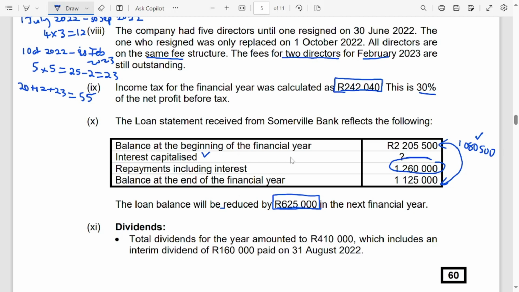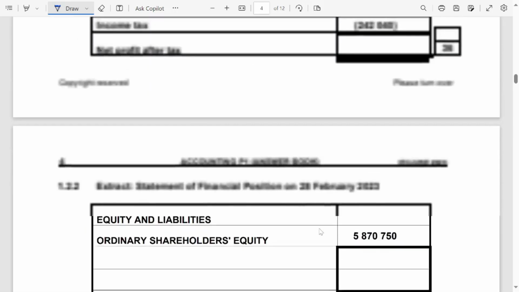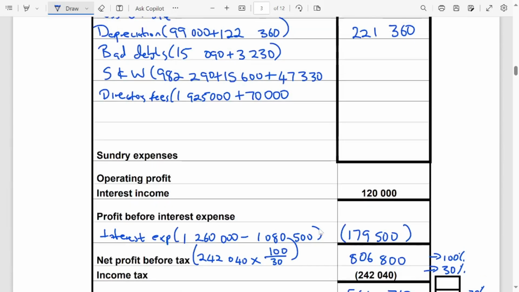Remember, the dividends are recorded as an expense under the income statement, as dividends on ordinary shares under expenses: dividends on ordinary shares, 410,000.